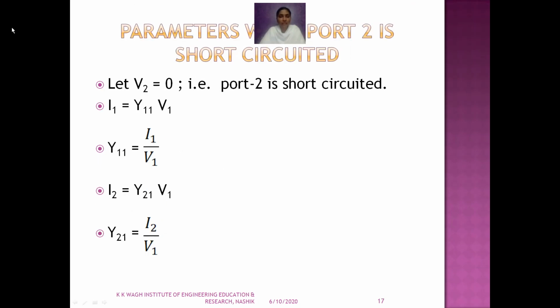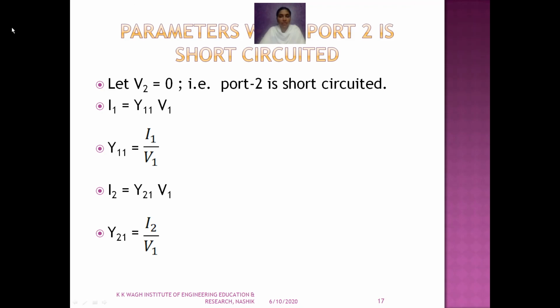Now let us see how to calculate these different Y parameters. First, the parameters when port 2 is short circuited. Let V2 is equal to 0. If we want to short circuit, then we are supposed to make voltage 0. If we want to open circuit, then we are supposed to make current 0.